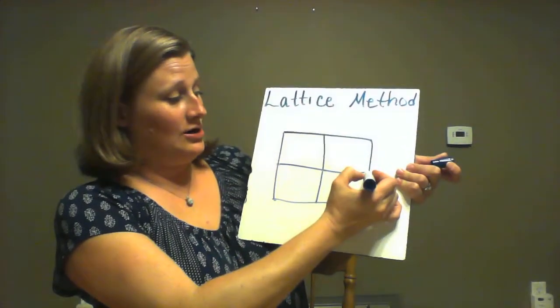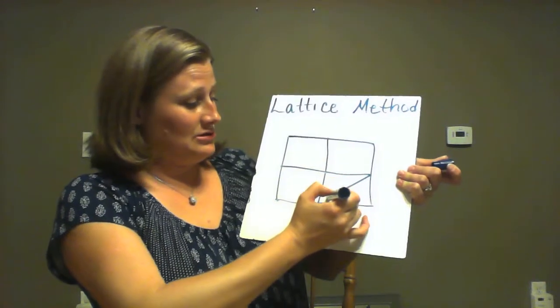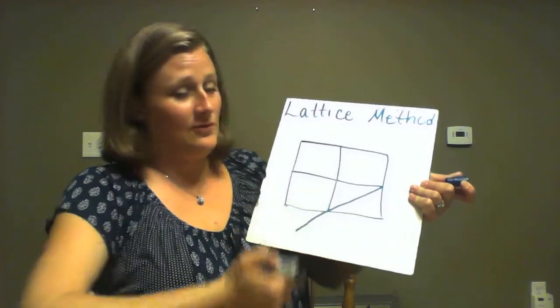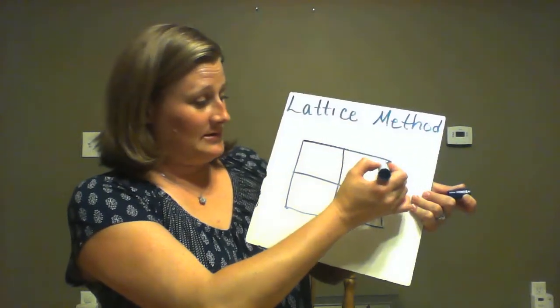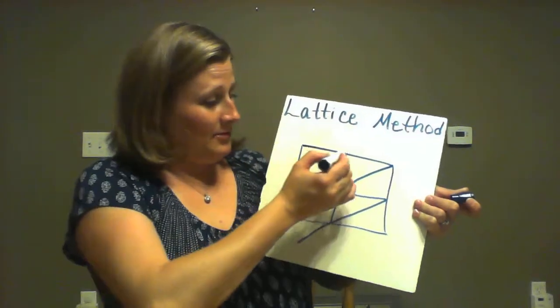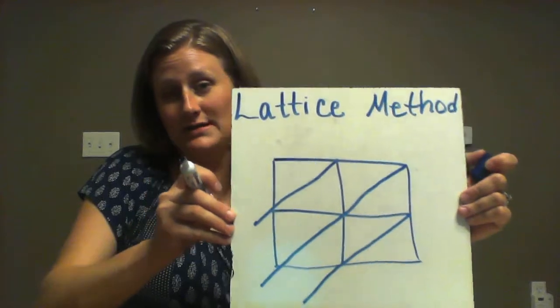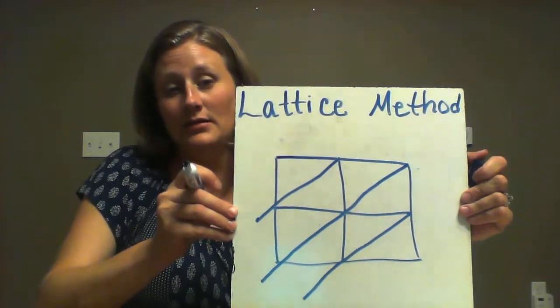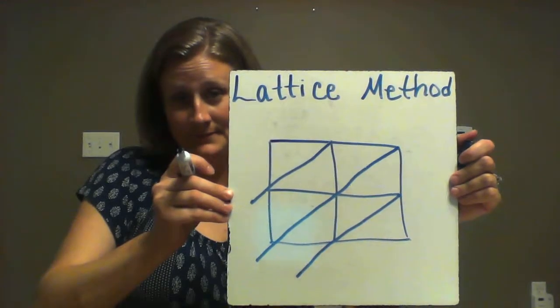Then you're going to start on the right and you're going to draw diagonal lines from one corner to the other corner in your box, just like that. Second one, you're going to go all the way up to the top and draw a line all the way through both of them. Third one, again, just the one. So for a 2-digit by 2-digit multiplication problem, your lattice should look like this.